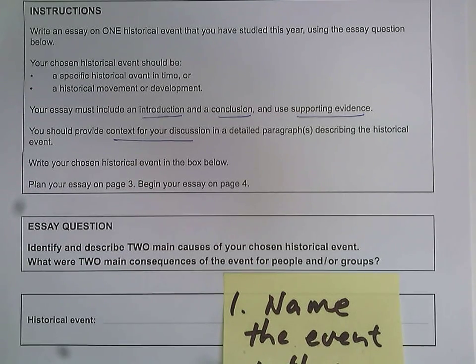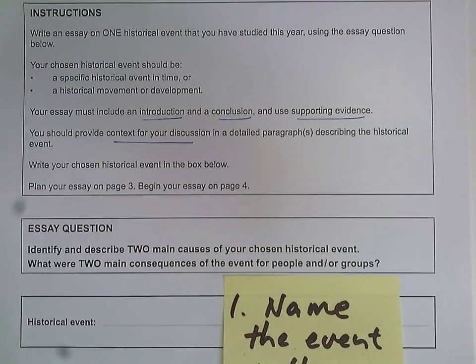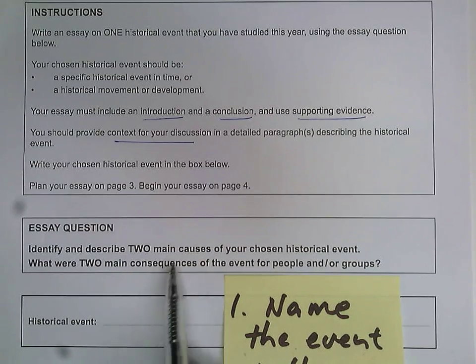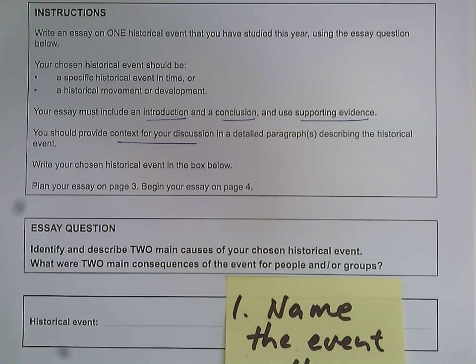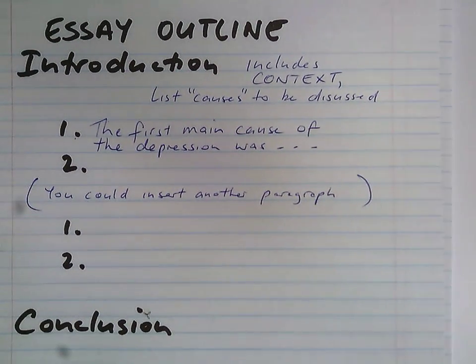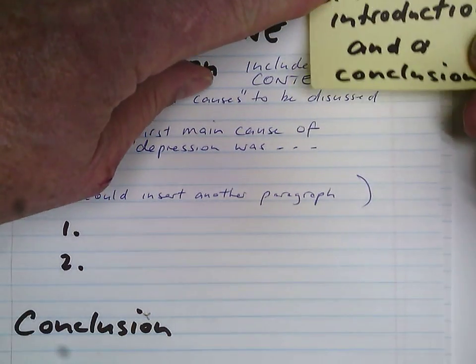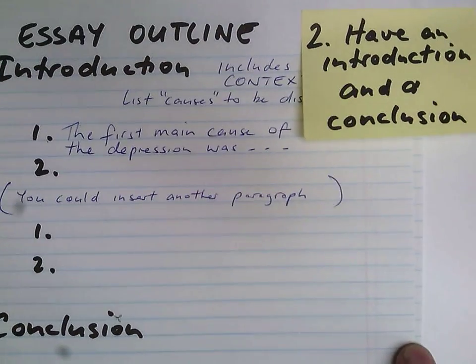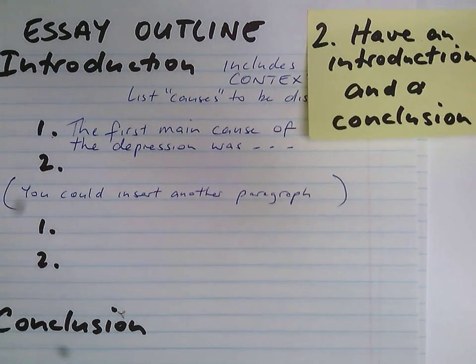And as I indicated in the previous video, you need to have a clear understanding of the causes and consequences, how they fit together. This is a hypothetical outline to answer this question. So, first point, just a reminder, you need to have an introduction and a conclusion.